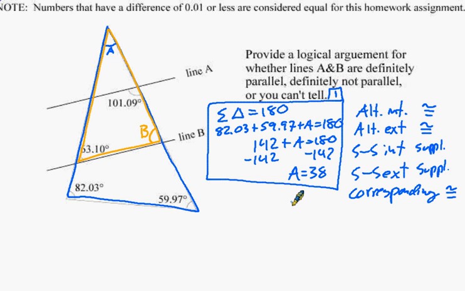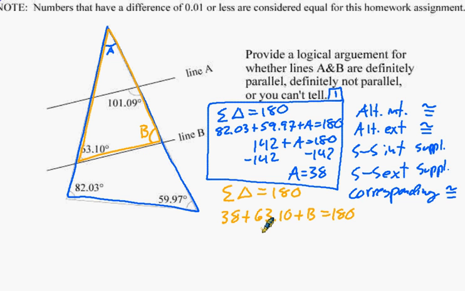So once we have that, now let's shift to B. And we still have sum of the triangles equals 180. Now we have 38 plus 63.10 plus B equals 180.